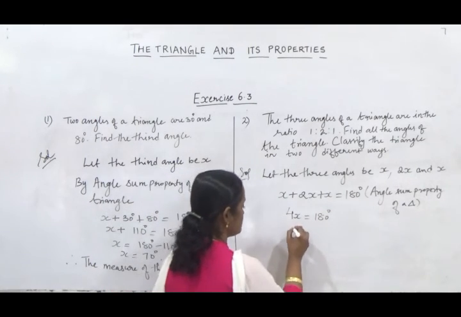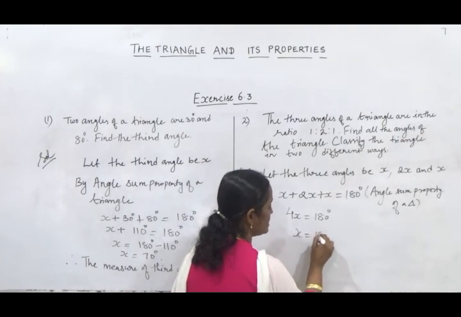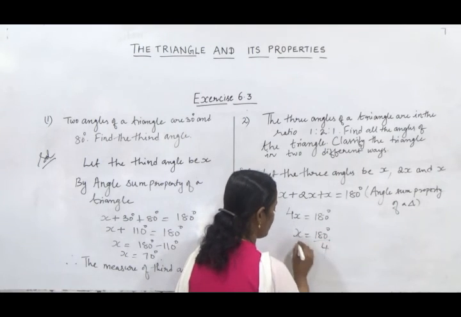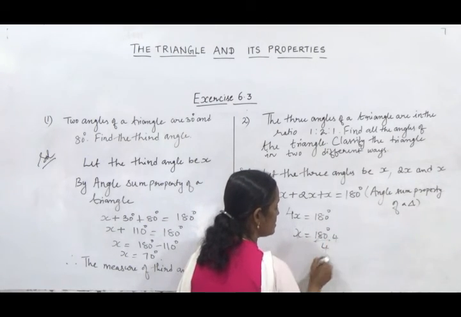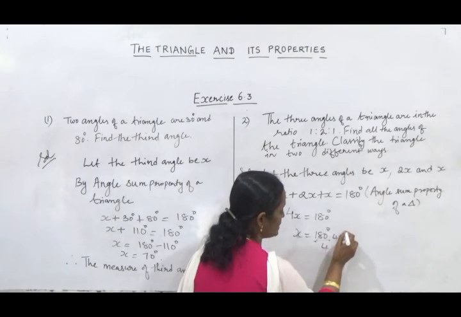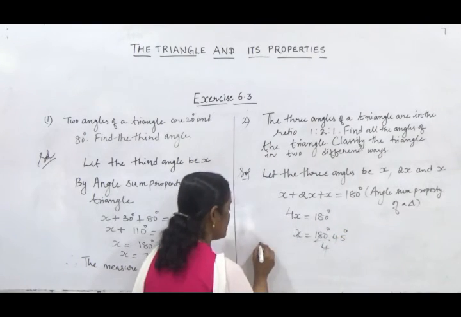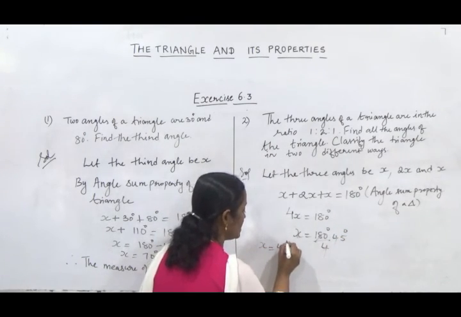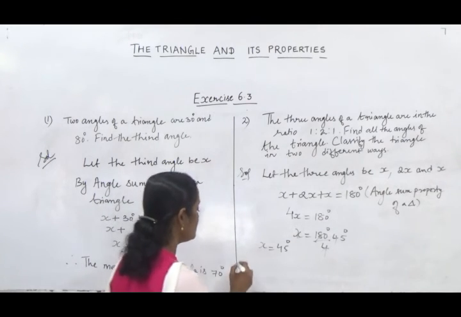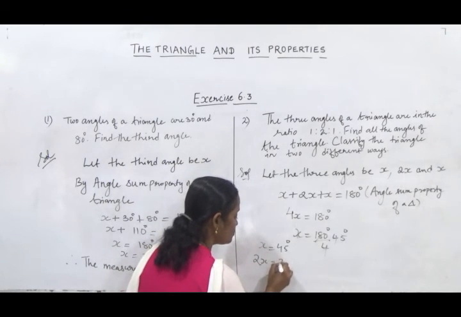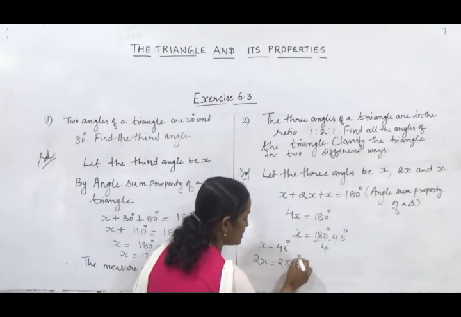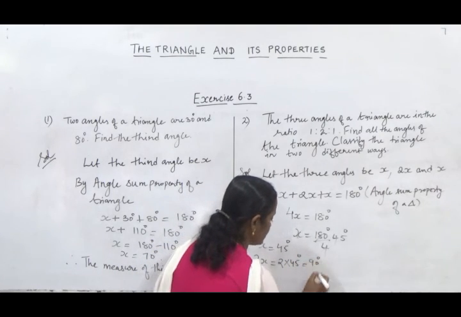So x is equal to 180 degree divided by 4. 4 4s are 16, 2 remaining 20, 4 5s are 20. So x is 45 degree. Now the value of 2x will be 2 into 45 degree, that is 90 degree.